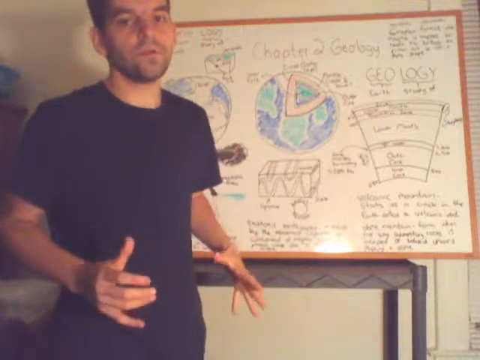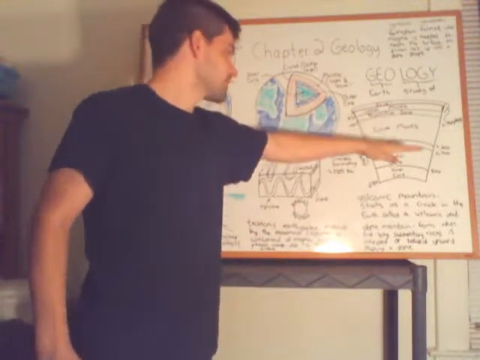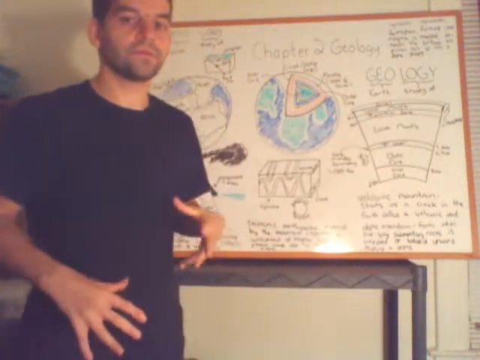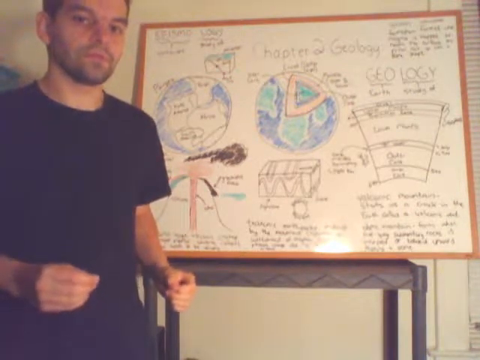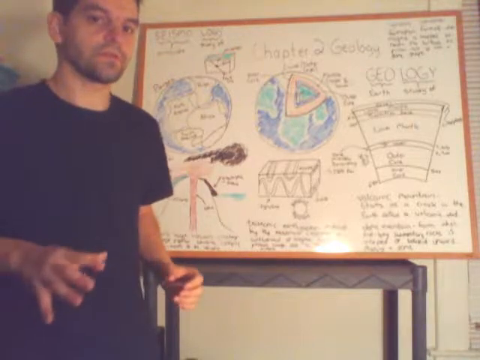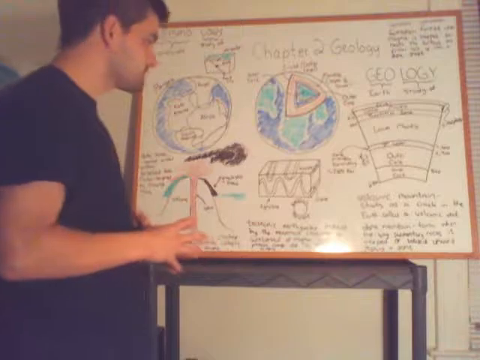This is very important because the lower mantle is going to be solid and the outer core is going to be liquid. This is important because remember how we talked about S waves not being able to penetrate through liquids, and that means that the S waves or secondary waves are not going to be able to penetrate through the Earth's core.